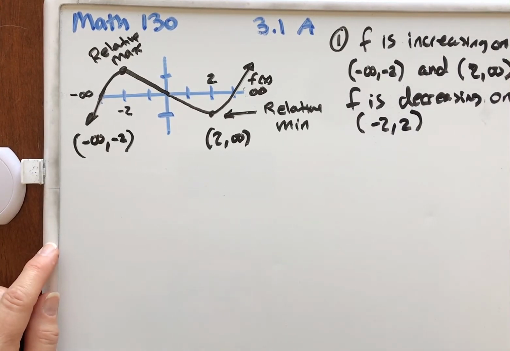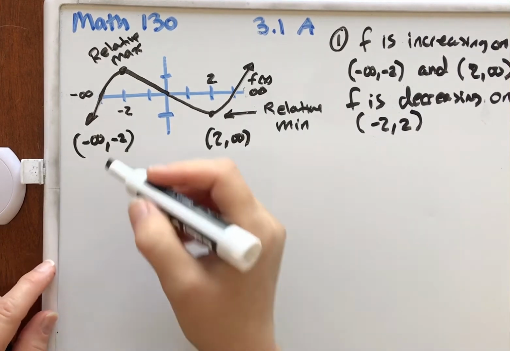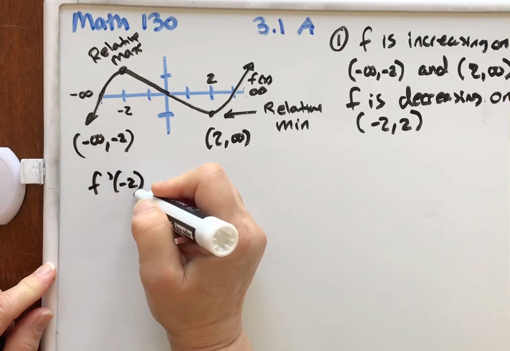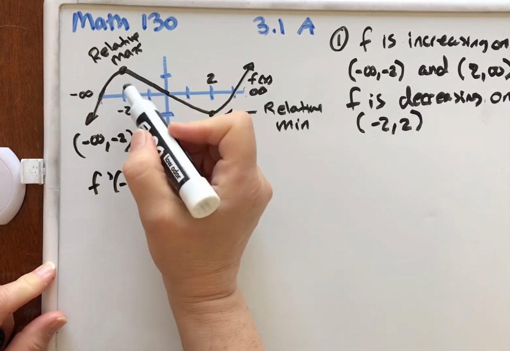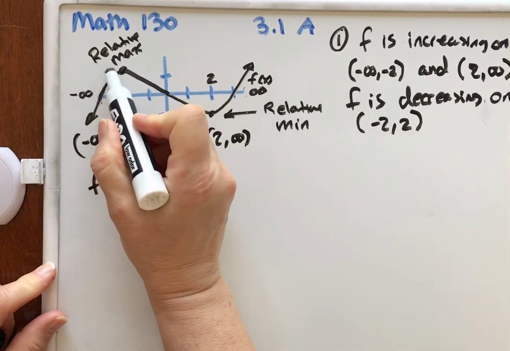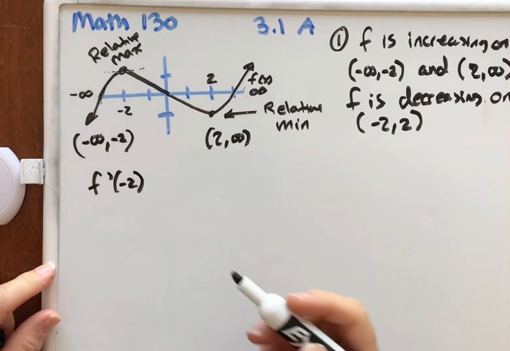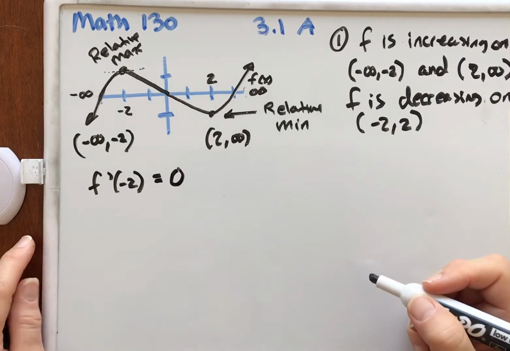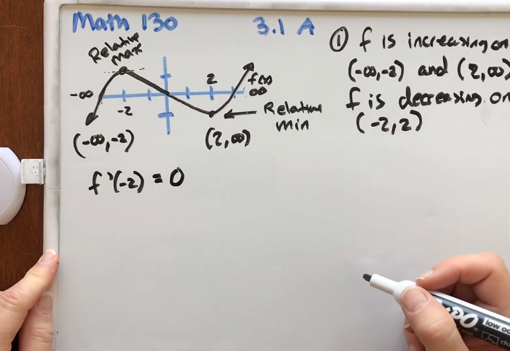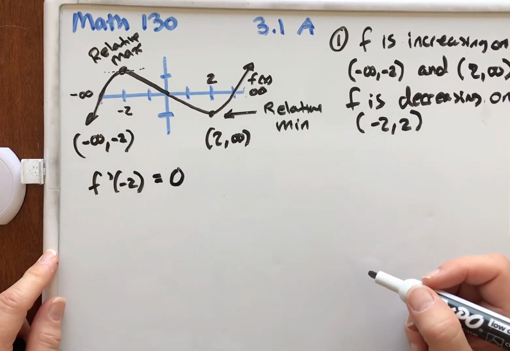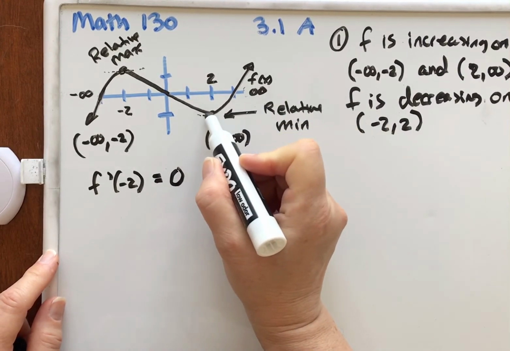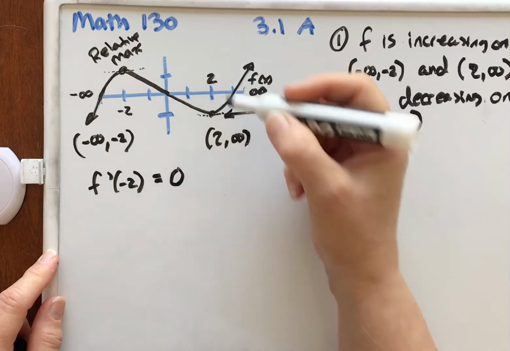All right. Now notice something. Here we have x as -2, f prime of -2. Right here, if we took the derivative right here, the slope of the tangent line would be 0. So f prime of -2 is 0. Do you see that anywhere else? Yes, that's right, here as well. This is at 2.